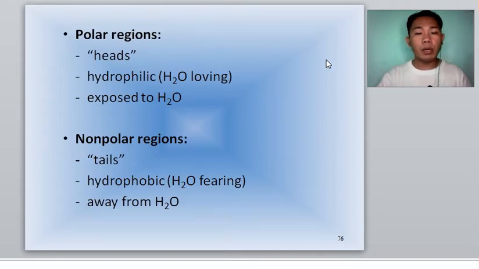The polar region, or polar heads, are hydrophilic, meaning water-loving, and usually exposed to water. The non-polar regions, the non-polar tails, are hydrophobic, or water-fearing, usually away from water, and situated inside of the micelles.